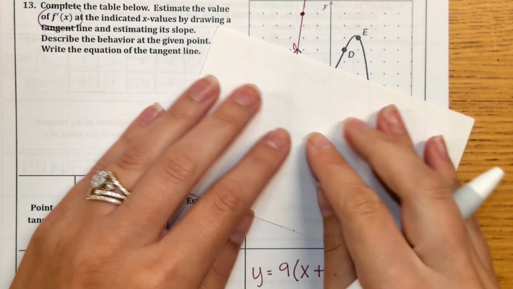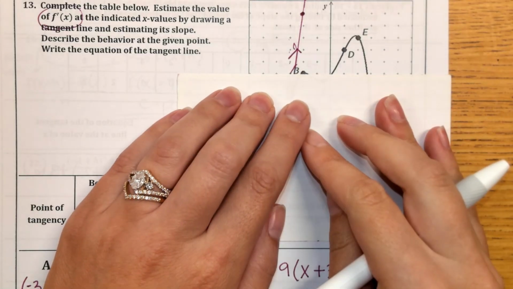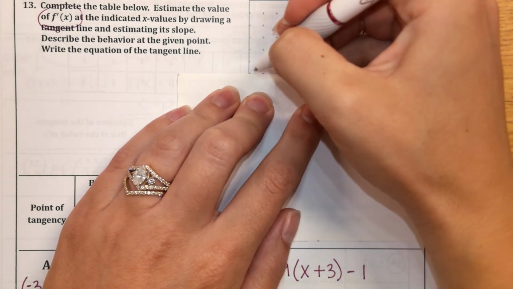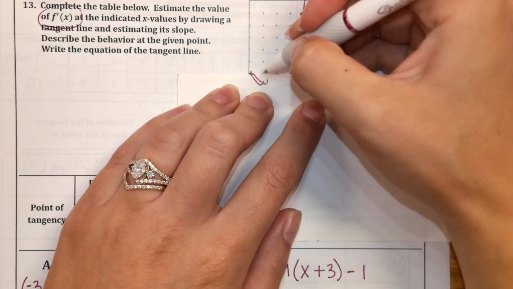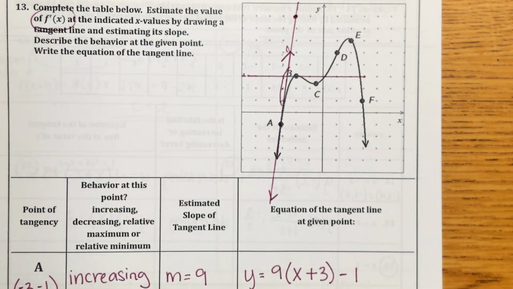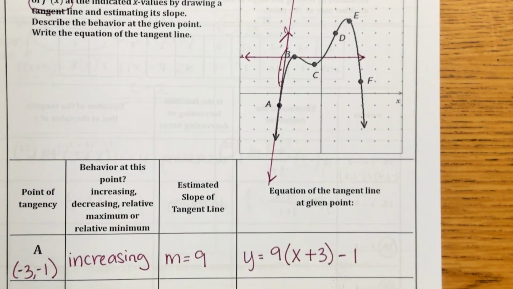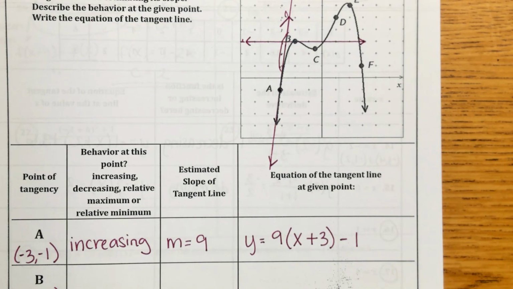Okay. If I look at the behavior of B, my tangent line would look like this. It would be a horizontal line, which tells me this is about as high as it goes at this point in the function.